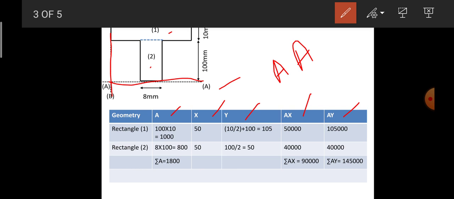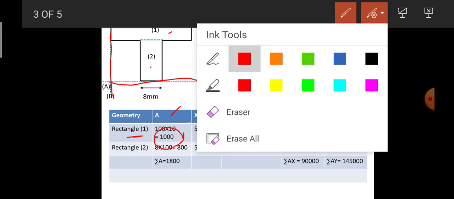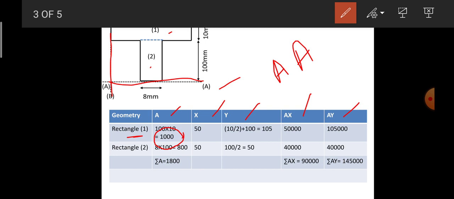Now coming to the first rectangle, that is rectangle 1. For the area calculation of rectangle 1, we know that B, the width of the first rectangle, is 100, and D, the depth of the first rectangle, is 10. So B into D, that is 100 into 10, is equal to 1000 mm square.